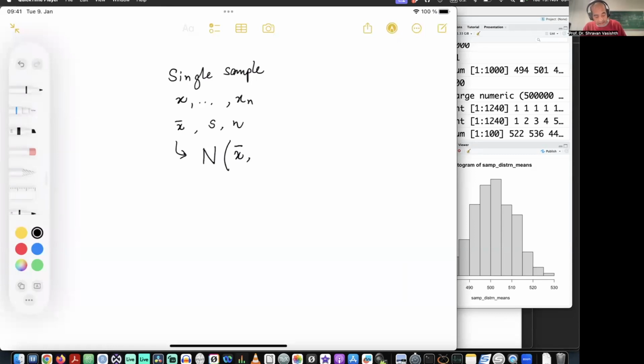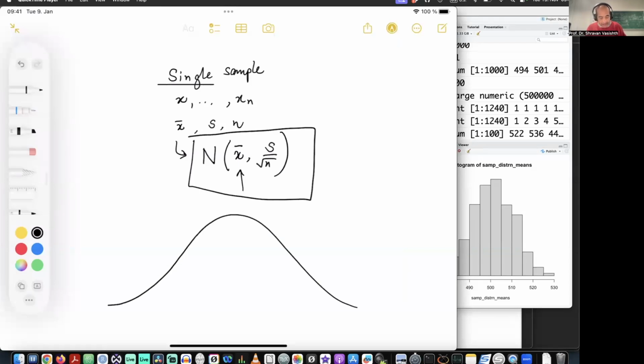So from a single sample, I can suddenly start talking about the distribution of the sample means under hypothetical repeated sampling. So really, this distribution gives me my best estimate currently, given the data, of what the variability in the sample means would be under repeated sampling.